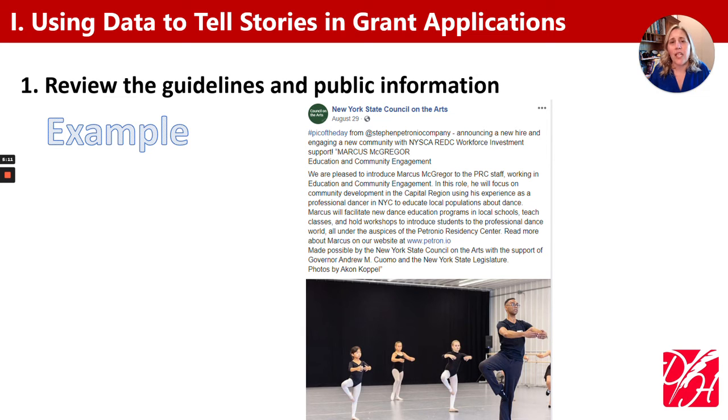But by also looking at the public information, in this case, an example from a Facebook post, what we can learn are the types of stories that they, as a granting organization, like to highlight about those they have funded. By seeing both the visuals, in this case we've got a picture, we're seeing the story of those that were supported, we can start to get a sense for the personality and the preferences of the grant maker. What type of information is it that they highlight and they share?